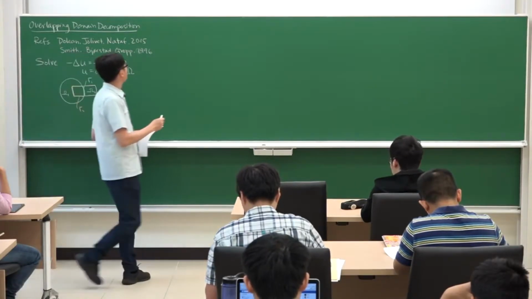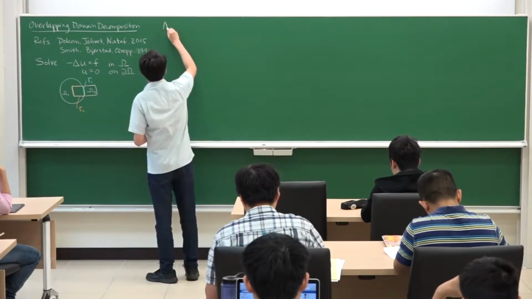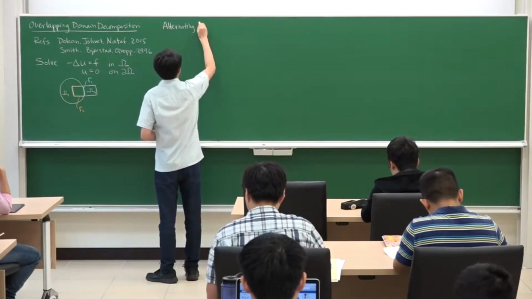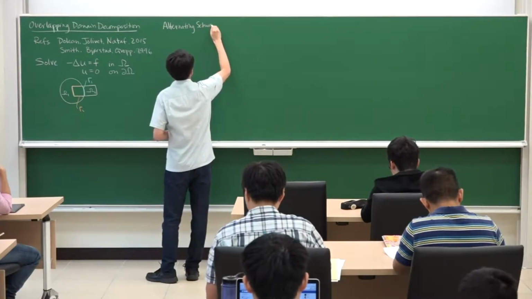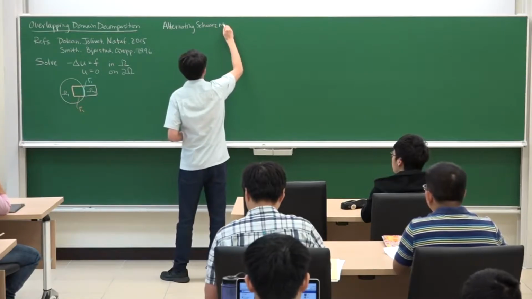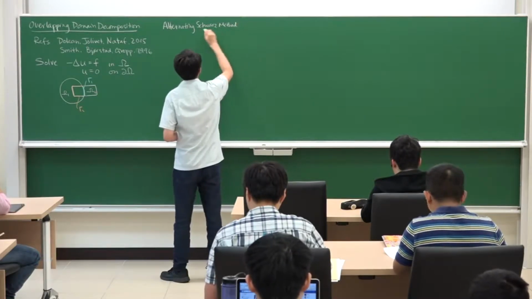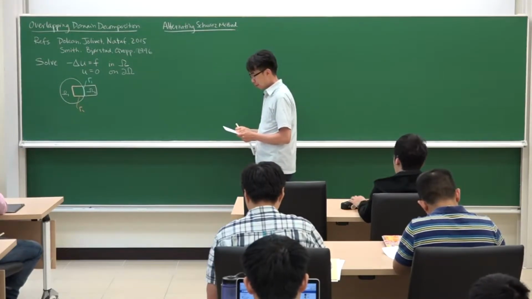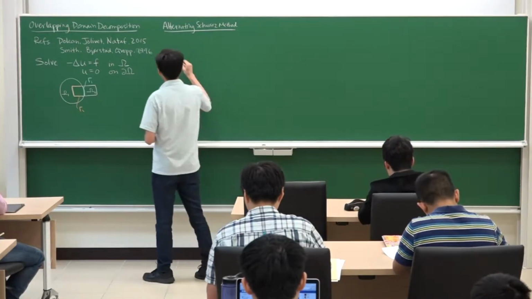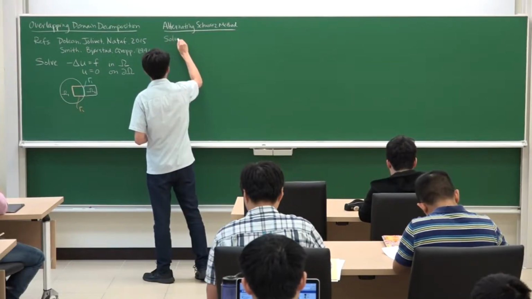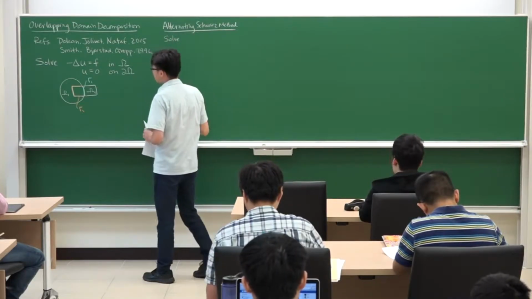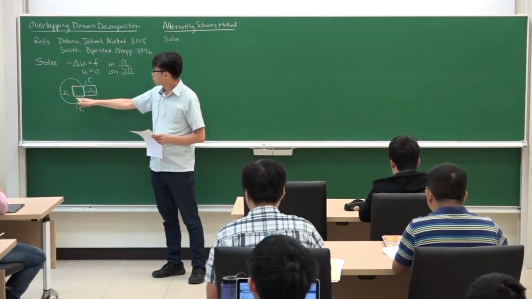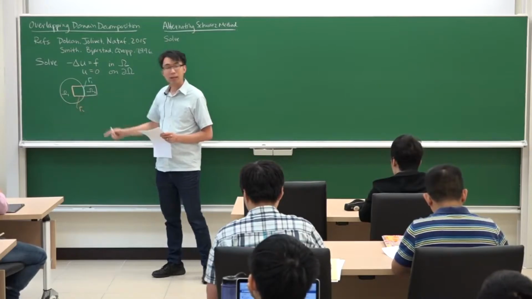So now I'll talk about the alternating Schwartz technique. Okay, so given these two subdomains, the idea is to solve the subproblems alternately, the first one in omega 1 and then the second one in omega 2.